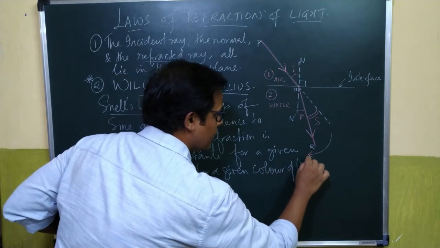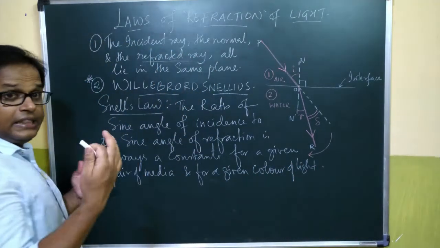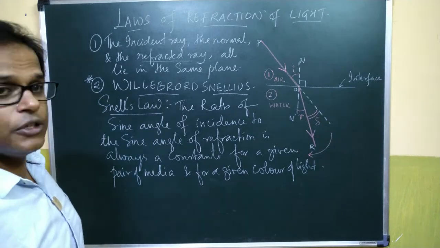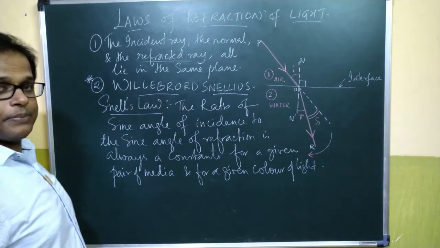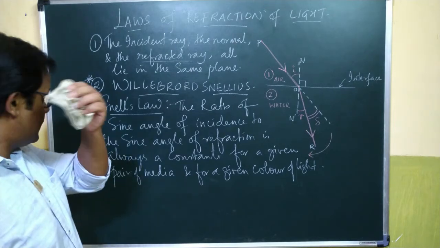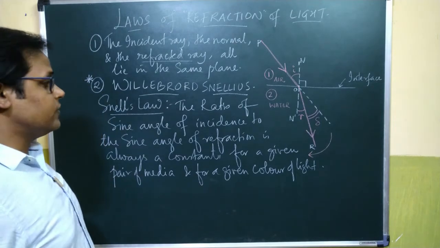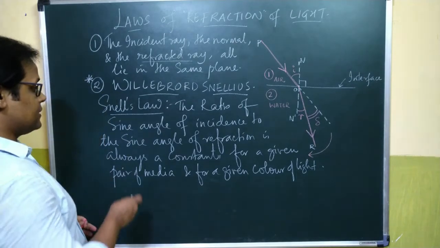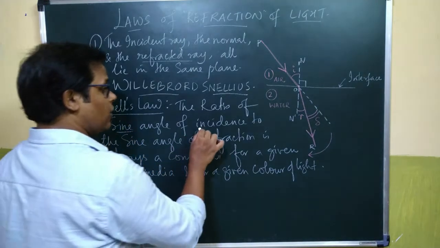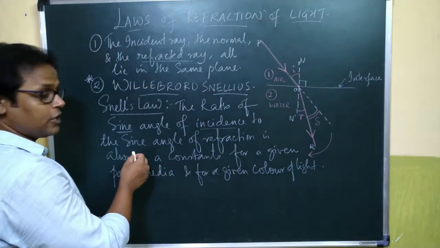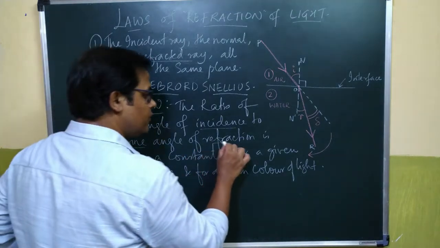When I'm writing on the board, it sounds like a lengthy statement, but the idea is absolutely simple. What is the law actually stating? It says that I need to take the trigonometric ratio of sine for the angle of incidence and measure it with respect to the sine angle of refraction.